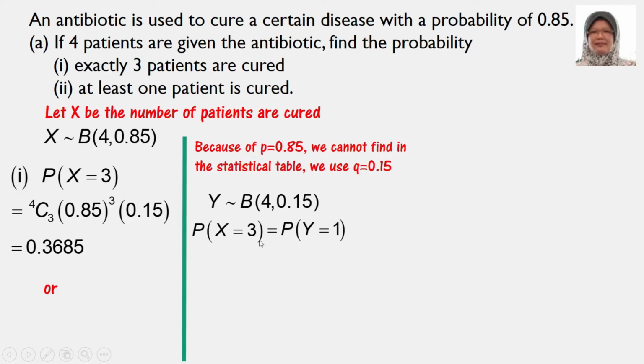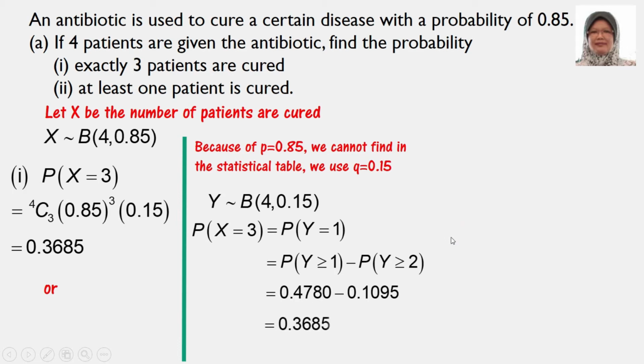We take 4 minus 3, we get 1. We must change to the symbol greater than or equal to. So P(Y ≥ 1) minus P(Y ≥ 2). The answer is 0.3685.